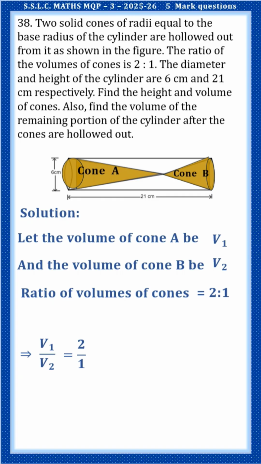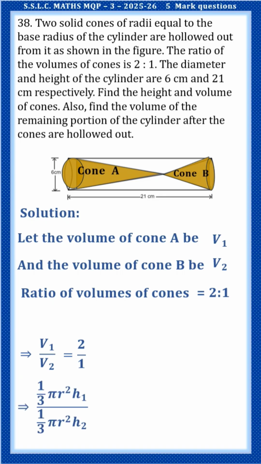Now let us apply the formula for the volume of cone, which is equal to 1 by 3 pi r square h. Radii of both cones are same, that is 3 centimeter. We need not apply it now. And height of the cone A is h1 and the cone B is h2. So now let us apply the formula.